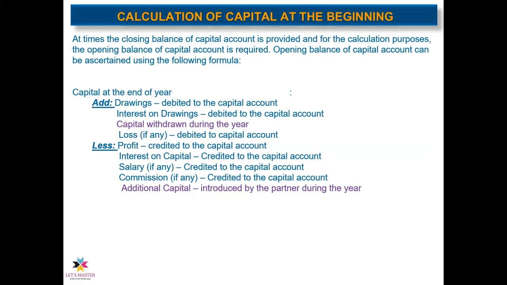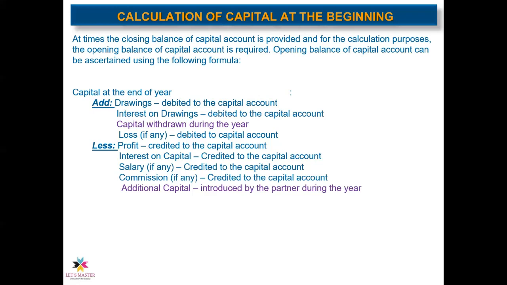That is drawings, interest on drawings, capital withdrawn during the year, and loss, if any, debited to the partner's capital account or current account. So all these four items will be added back to the closing balance of the partner's capital account. And we will deduct the profit credited to the partner's capital or current account, interest on capital, salary, commission, or any additional capital brought in by the partner.